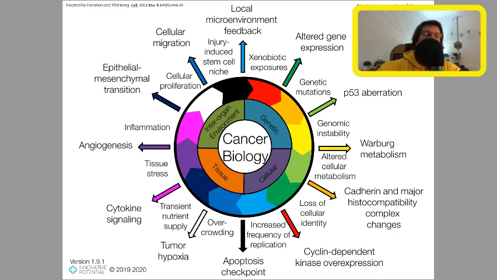It was one of the first papers to attempt to put everything in one picture. This paper was the hallmarks of cancer. There was one paper done in 2000 and another one done in 2011.